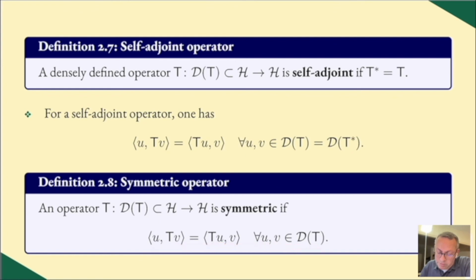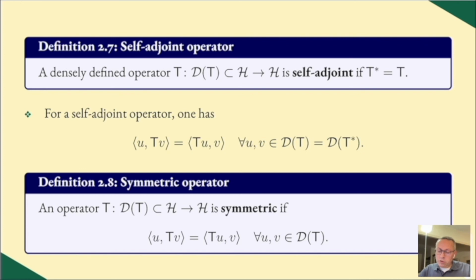We have a similar kind of condition, but we require it to be valid for U, V in the domain of T. So this is symmetric. It should be clear that a self-adjoint operator is also symmetric. The converse is not true. Even if the symmetric operator is defined on a dense domain, it's not true that it is, in general, self-adjoint.